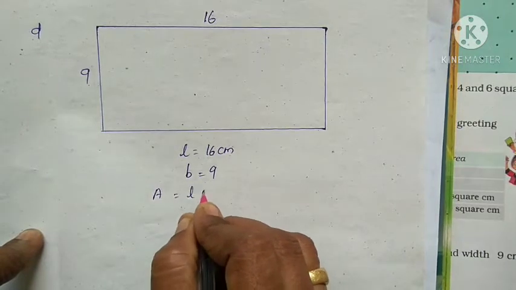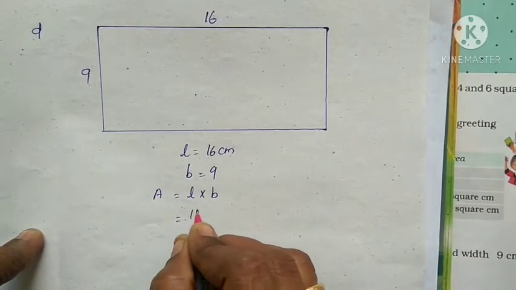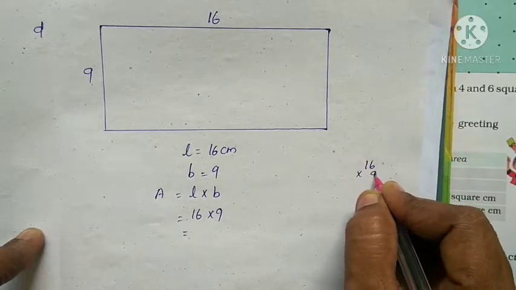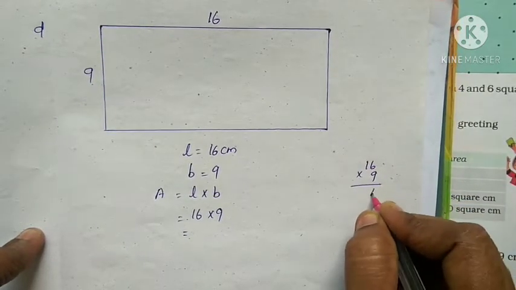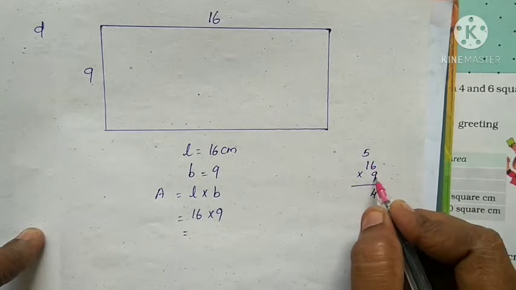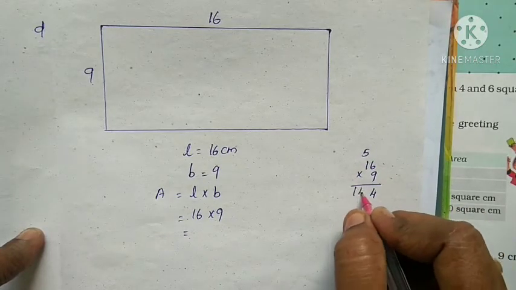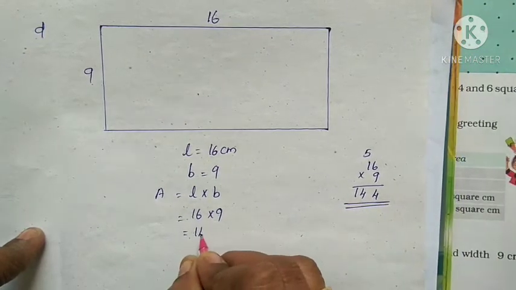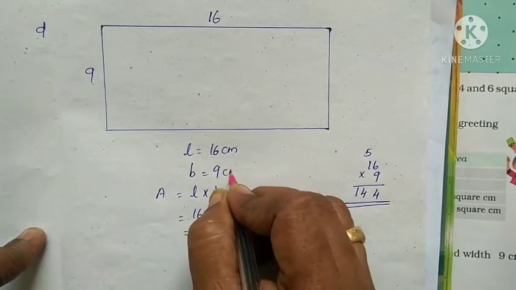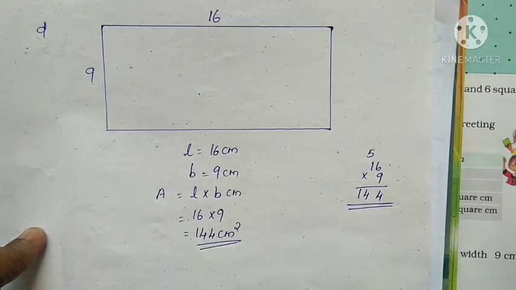Area is equal to length into breadth. So 16 into 9. 9 6s are 54. 5 is the remainder. So 1 9 is 9 plus 5, 14. 144 centimeter square. Here also we have to mention the units.